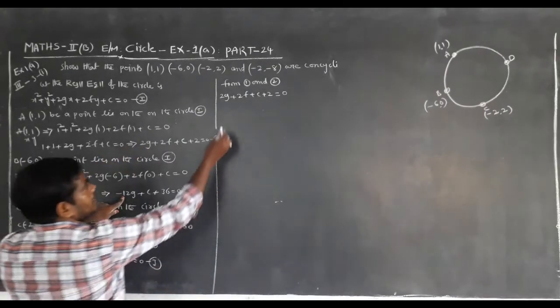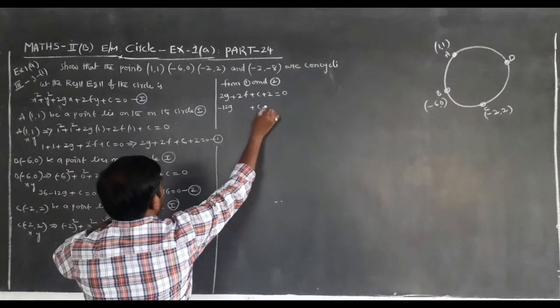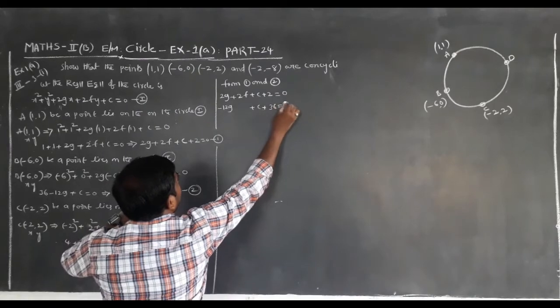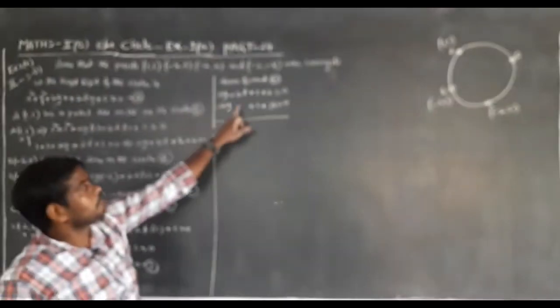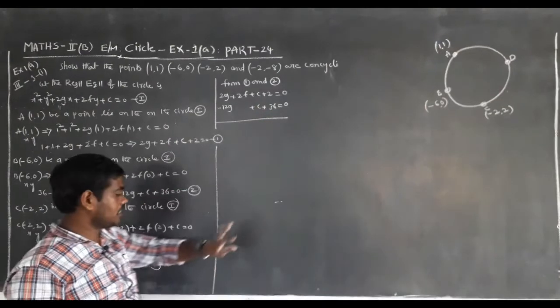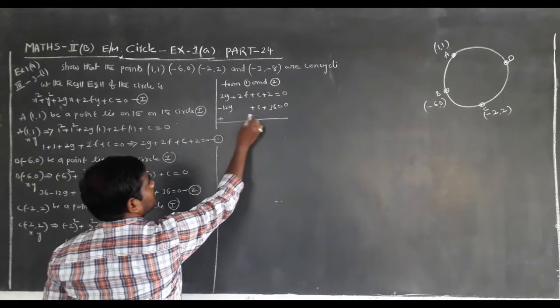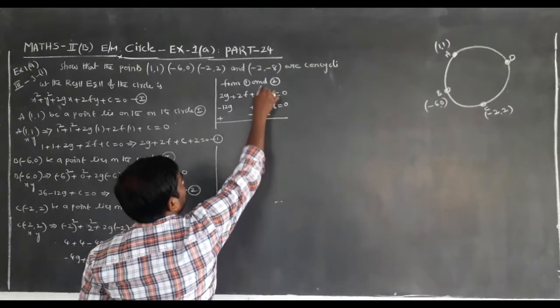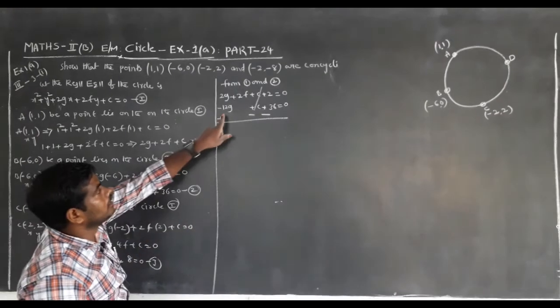Second one is -12g plus c plus 36 is equal to 0. Subtracting, c minus c gets cancelled.